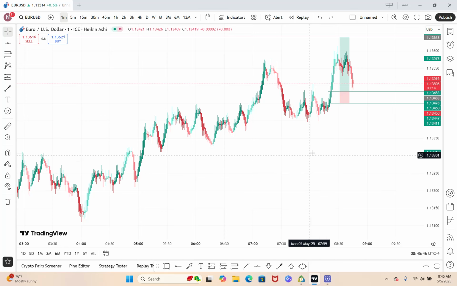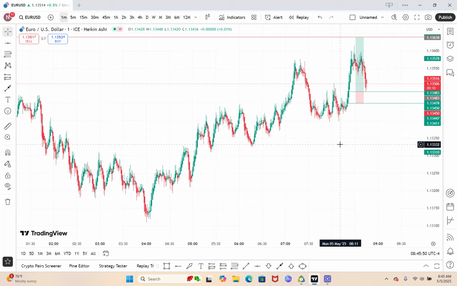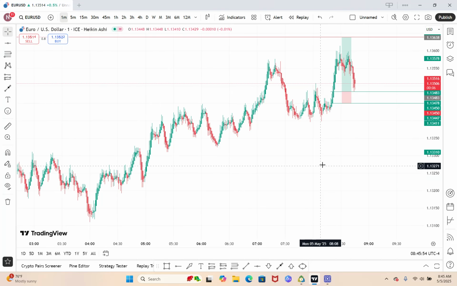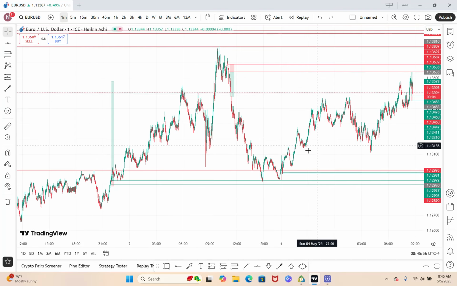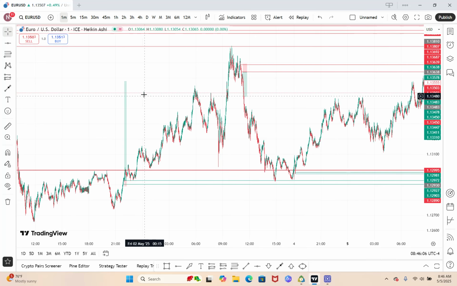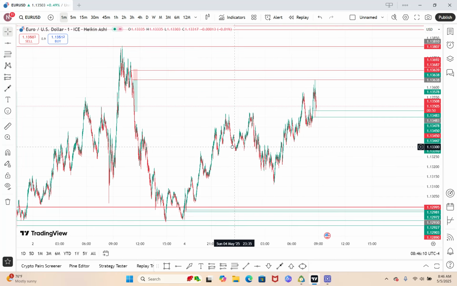All right. So the market came up all the way from this area. We have our buy trade, last winning buy trade.